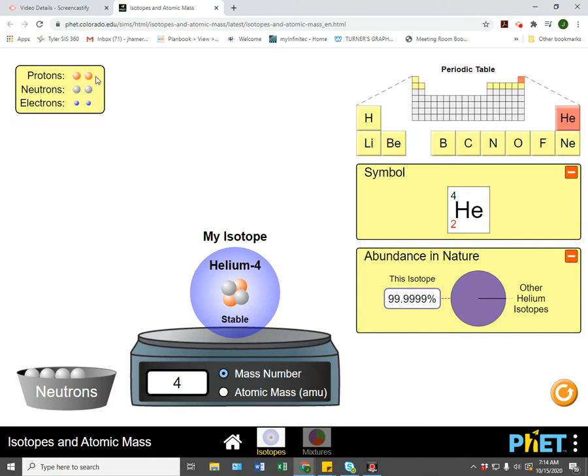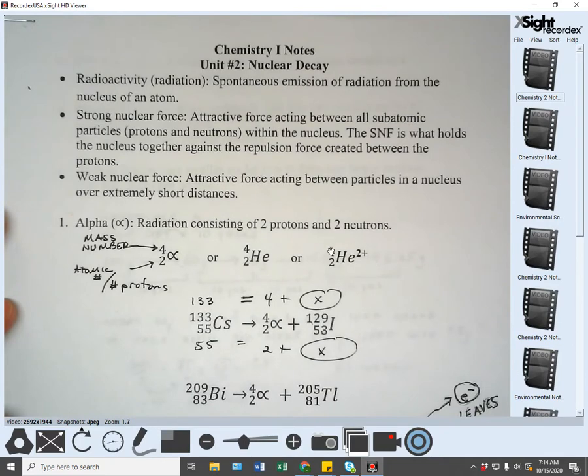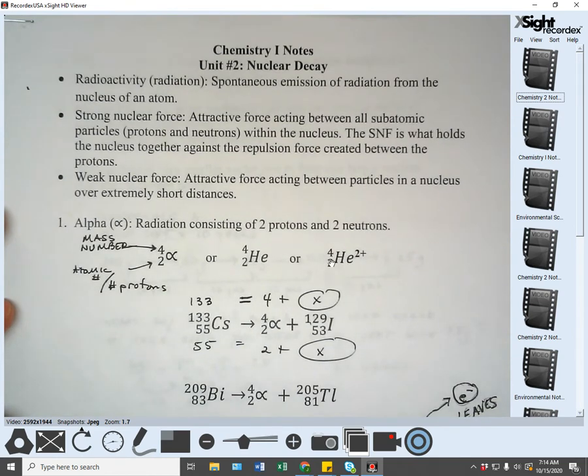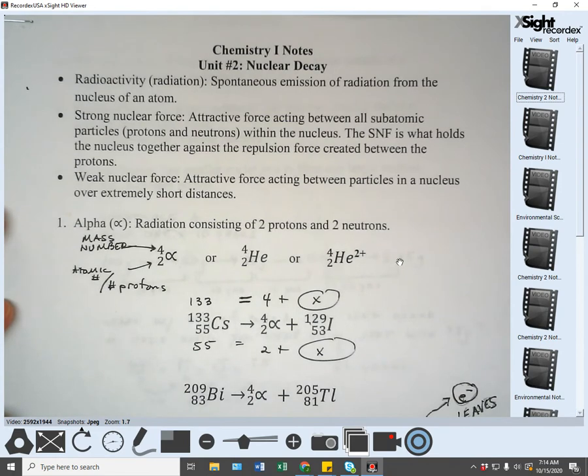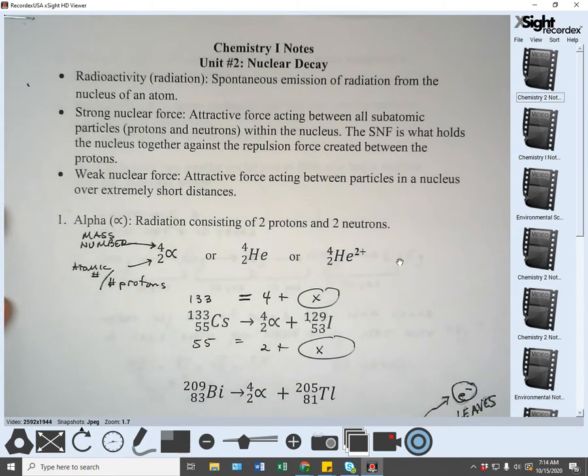That's essentially an alpha particle. Now you'll see it written like this. I feel that's a little misleading because an alpha particle is 2 protons and 2 neutrons, but not 2 electrons. So that's why I put it like this, which is just 2 protons, 2 neutrons, without the electrons. I want you to write it like this, the first one, the 4/2 alpha. If you see these, just know that that's what it could be referring to. Basically an alpha particle is a helium nucleus.